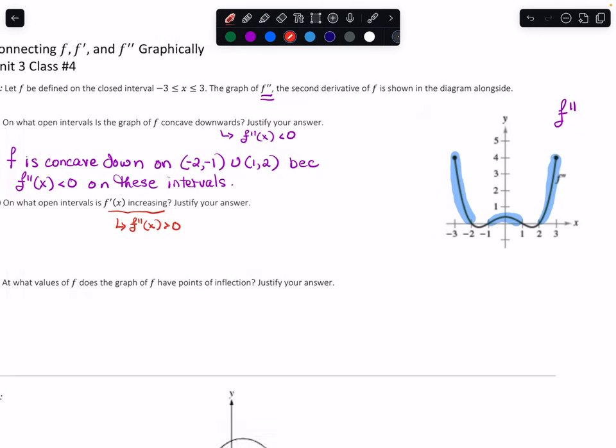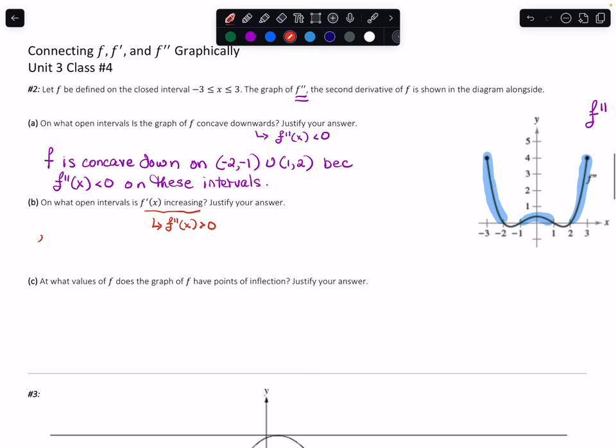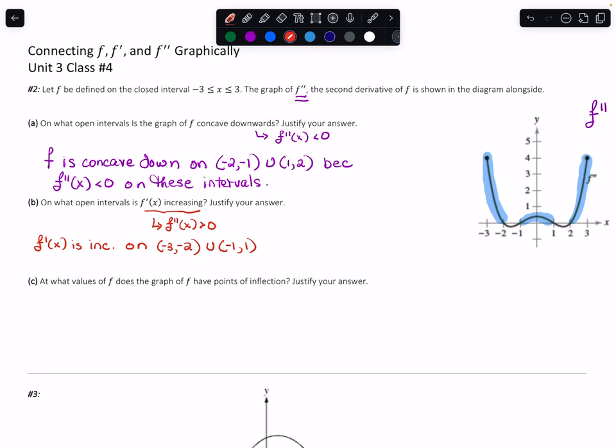So I'm going to say f prime of x is increasing on, from -3 to -2, union -1 to 1, union 2 to 3, because f double prime of x is greater than 0 on these intervals.